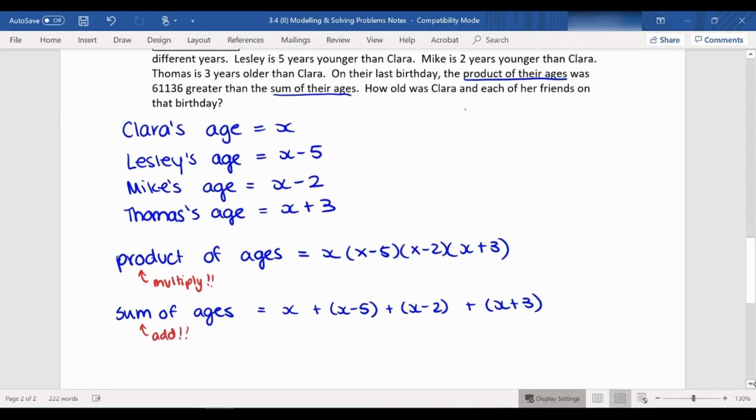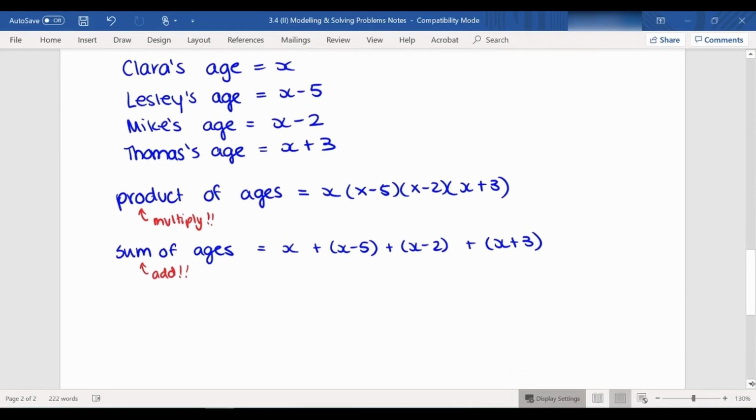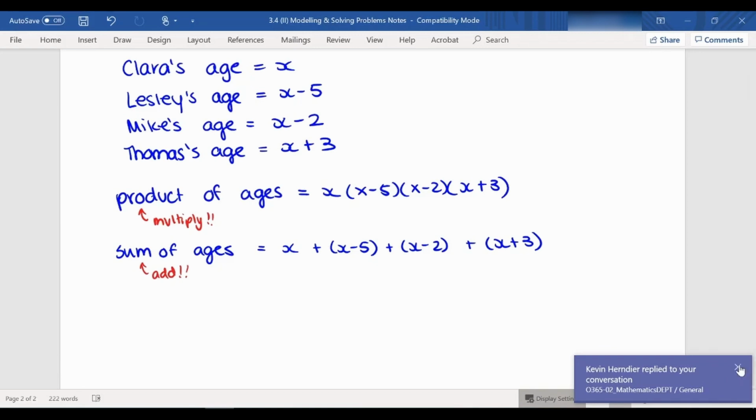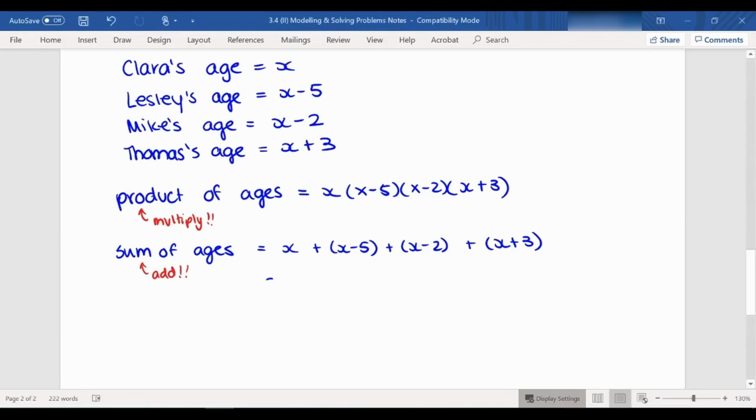Don't leave it like this. You need to simplify this. People always leave it and then they end up with this big, giant, gross thing at the end that they shouldn't have. Actually, combine these together, collect your like terms. This is grade 9 stuff. You can do it. So I've got x plus x plus x plus x. This gives me 4x. And I've got -5, -2, +3. This gives me -4.